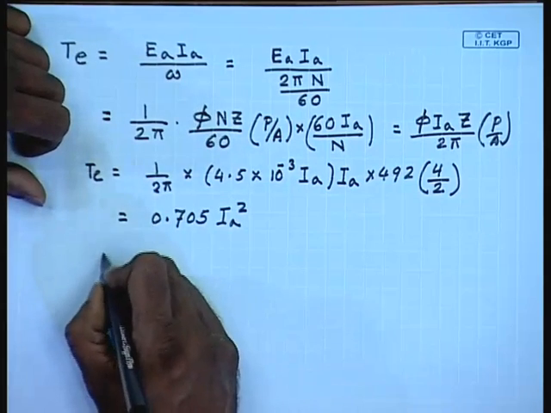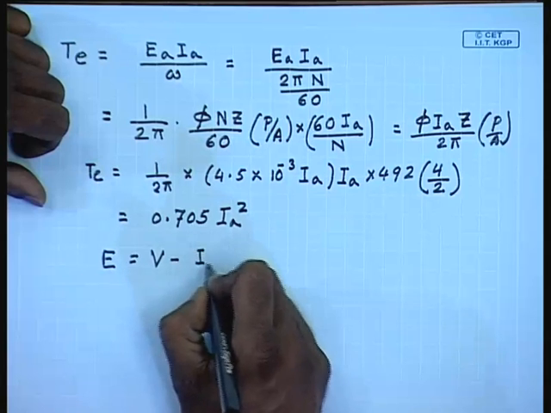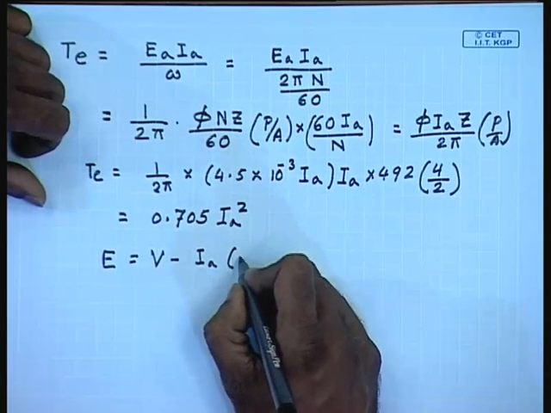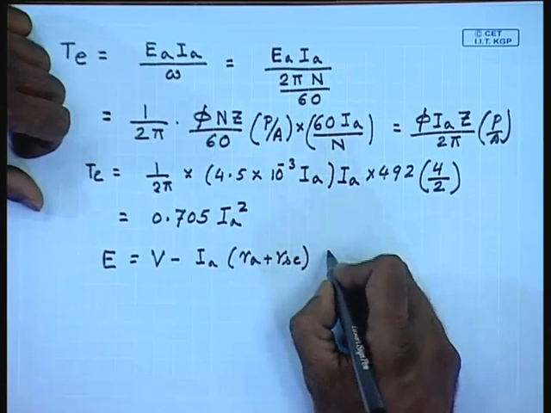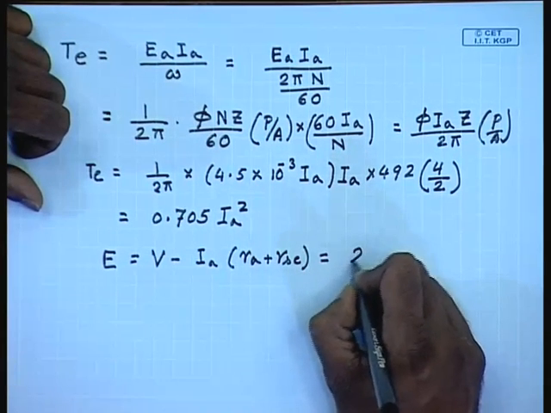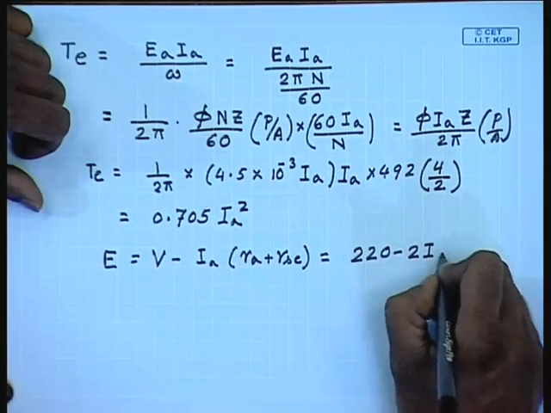Also, we know E equal to V minus Ia into (Ra plus RAC). From the given data, this comes to 220 minus 2 Ia.